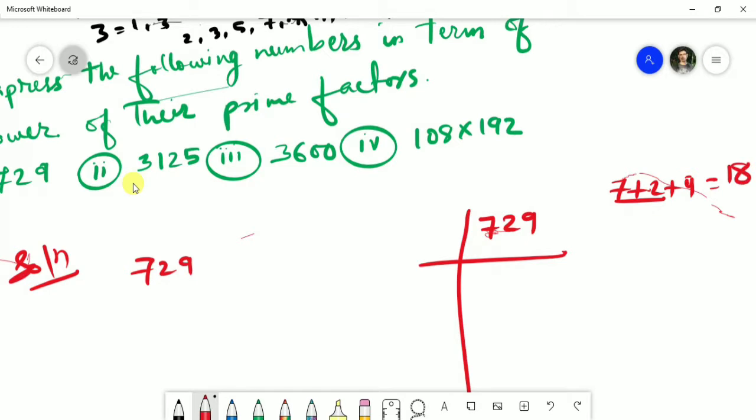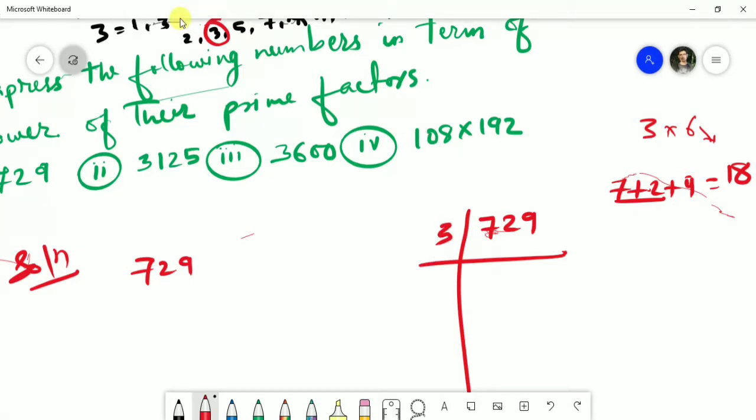And we know that 18 is in the 3 table. 3 sixes are 18, isn't it? So whenever you add the digits and the sum comes in the 3 table, then that number is definitely divisible by 3. And 3 is a prime number, yes, 3 is a prime number. So we can do it with 3, okay.